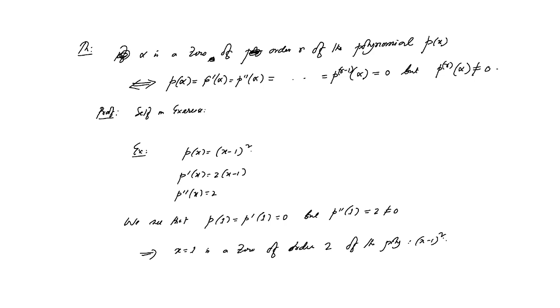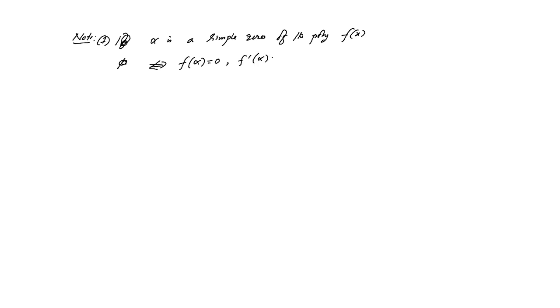In a similar way, if there is a zero of a polynomial, then we can say what should be the order of the zero. So here note, alpha is a simple zero, meaning one time, simple zero of the polynomial f(x), if and only if f of alpha is 0, but f dash alpha is not.